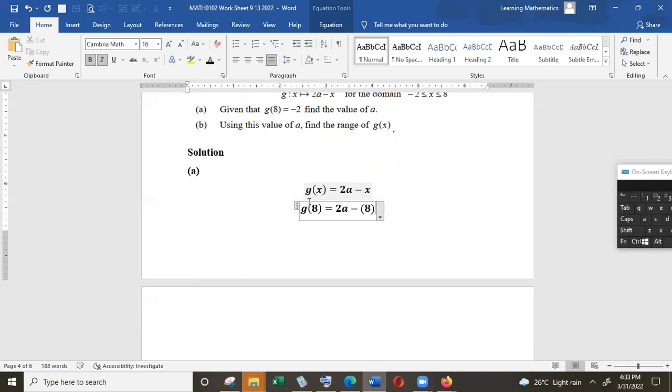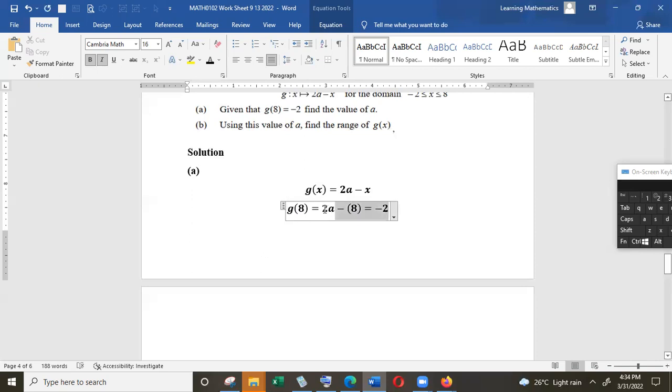Remember, if you have to find g of 8, you have to put 8 where x is. So we put 8 in the place of x on the left side, and we put 8 in the place of x on the right side. But the information said that g of 8 is equal to -2. So 2a minus 8 must be equal to -2.